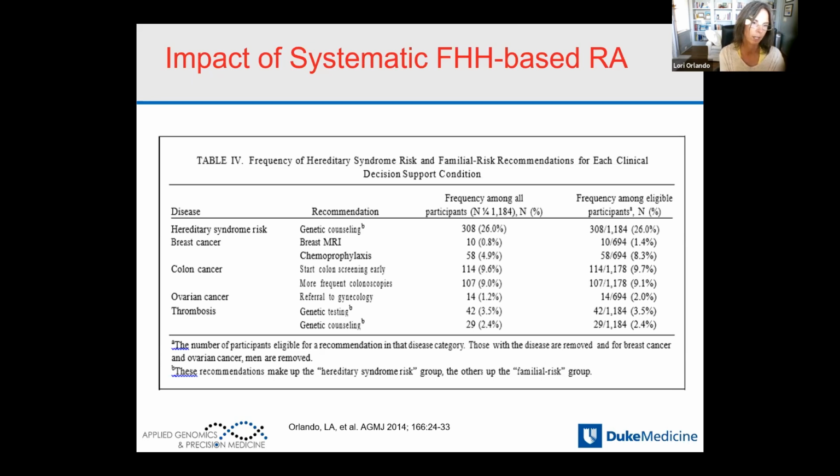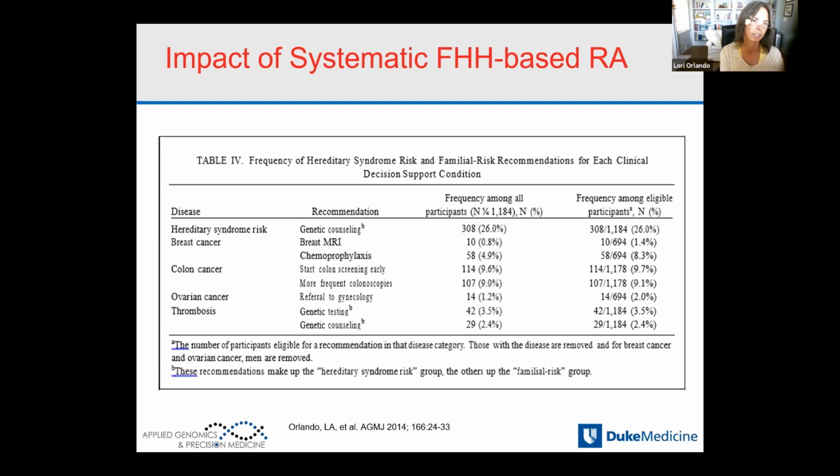A small percentage, a little less than 1%, met criteria for a breast MRI starting at age 25, and 5% for a medication to prevent breast cancer. The larger group was those who should start colonoscopy screening earlier or have it more frequently. So with a normal colonoscopy on your first screening, normally you would get a 10-year follow-up.